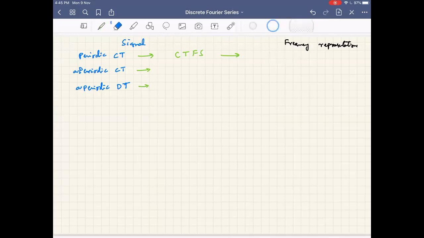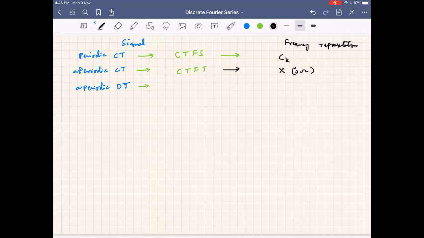Similarly, for aperiodic continuous time signals, we apply continuous time Fourier transform to get the frequency domain representation X of j omega, which is continuous. Periodic signal will give rise to discrete coefficients.